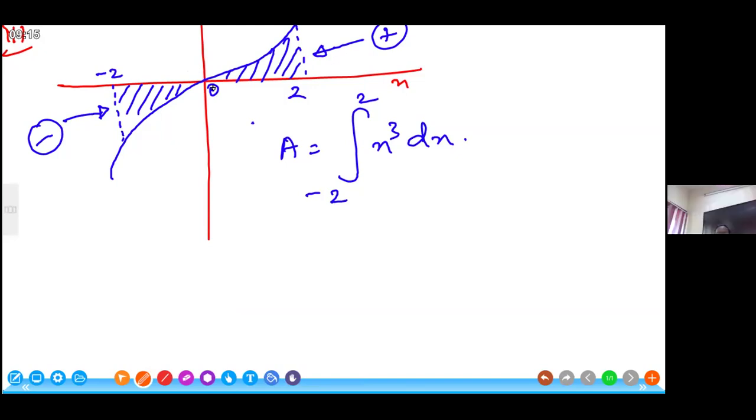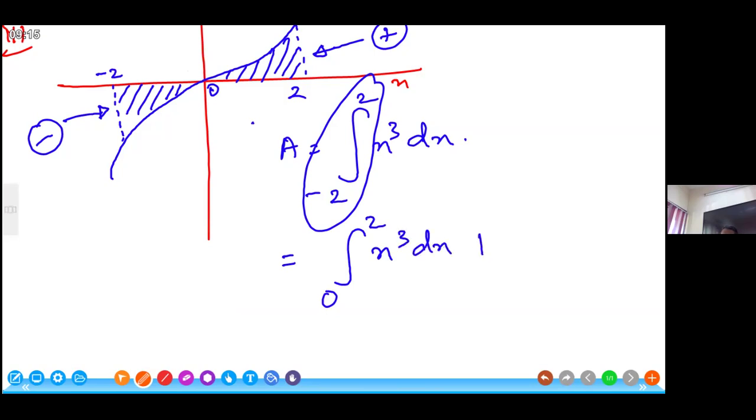Because it covers from -2 to +2, first we integrate from 0 to 2, which is above the x-axis, of x to the power 3 dx, plus the absolute value of the integration of the same function with respect to x from -2 to 0. -2 is the lower value, 0 is the upper value.